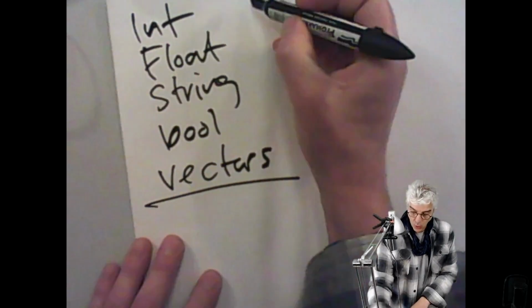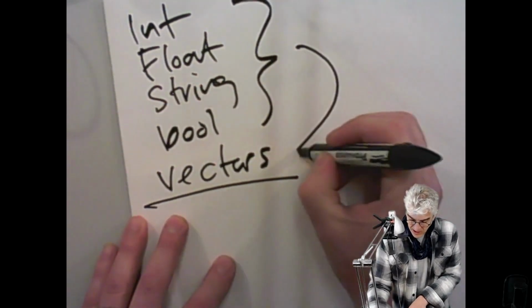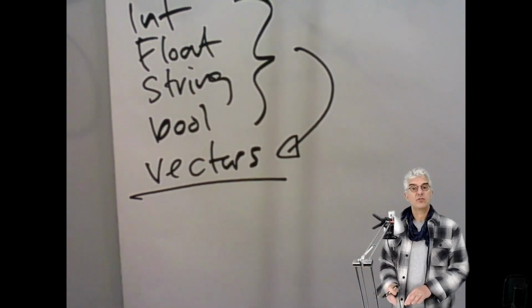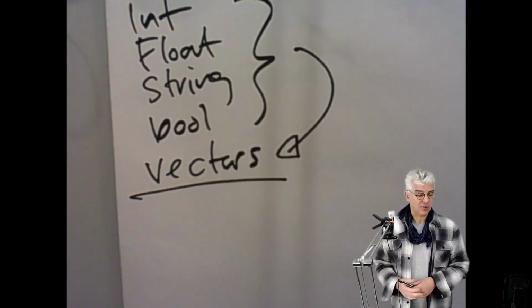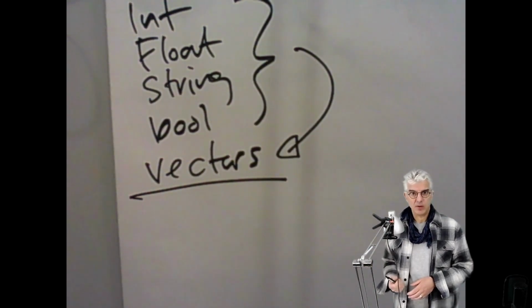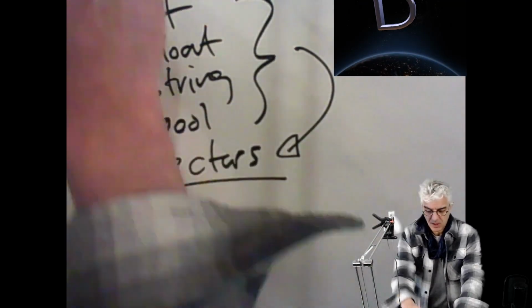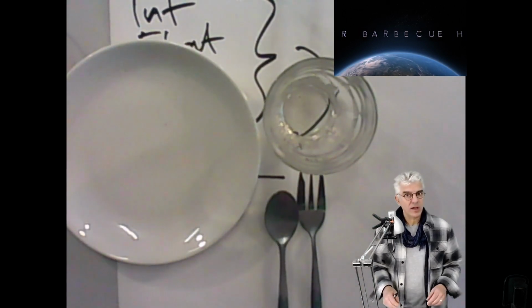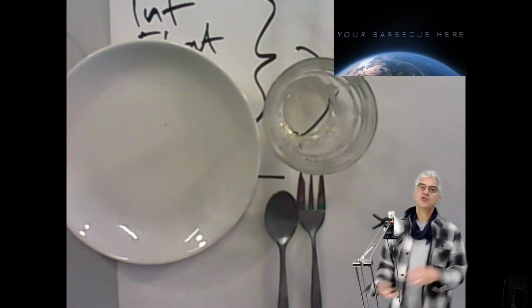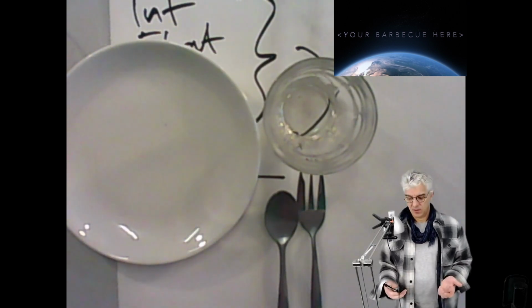So I can put all of these things in lists inside vectors, which means I can start making these reusable things again, like being able to say, find out how many people are coming to the barbecue, find out how much my glass, my fork, my spoon, my plate weighs, multiply them together, and just tell me, do I need a truck or a bicycle?